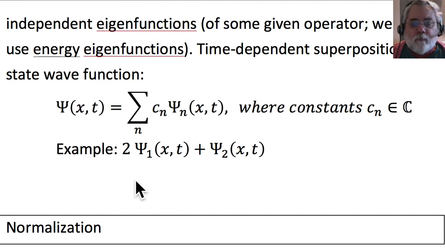So for example, for a particle in a box in one dimension, we have the ground state eigenfunction psi sub 1 and the first excited state eigenfunction psi sub 2. And if we take 2 times psi sub 1 plus psi sub 2, that is a superposition state wave function. It is not an eigenfunction. And we're interested in how does that behave? How is it different than an eigenfunction?